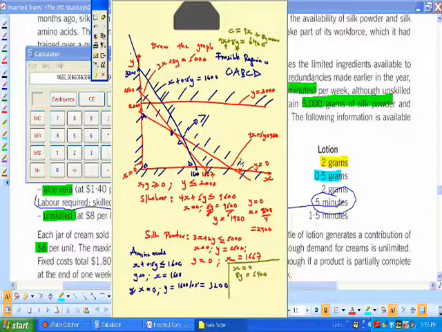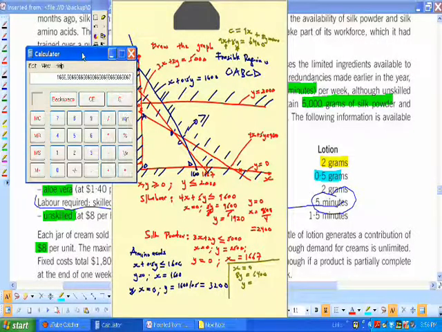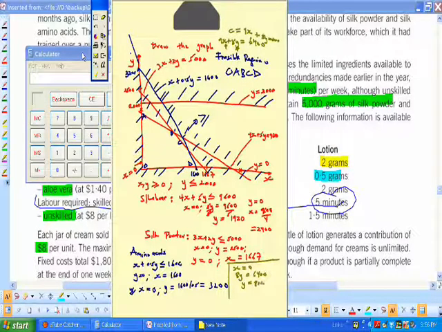So 8y is equal to 6,400, that means y is equal to 6,400 divided by 8, y is 800.